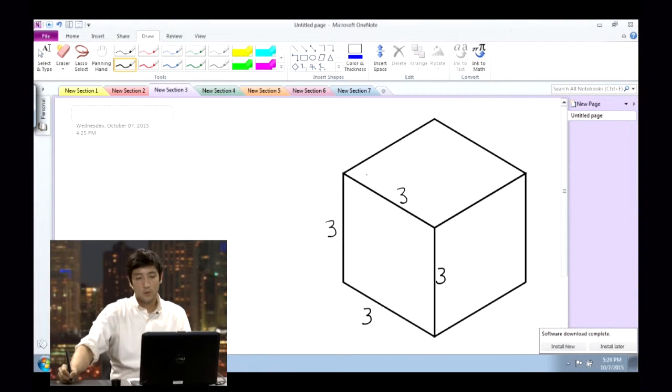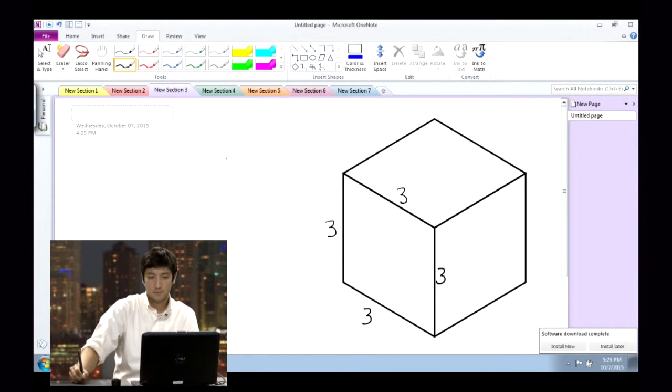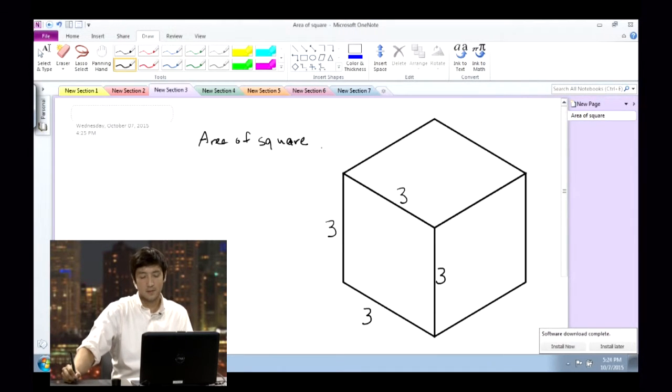So really what we're doing when we're looking at volume is trying to figure out the area of that main shape, but it extends because this has 3 dimensions. Do you know what the area of a square or a rectangle would be? Well, an area of a rectangle was the length times the width.